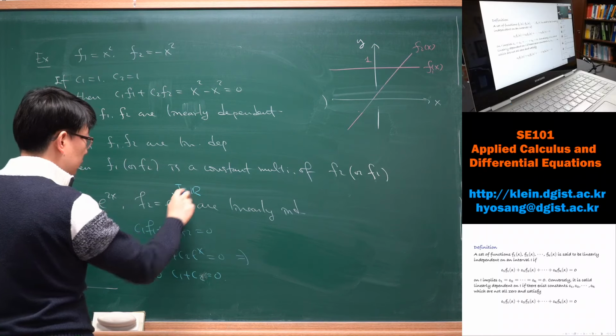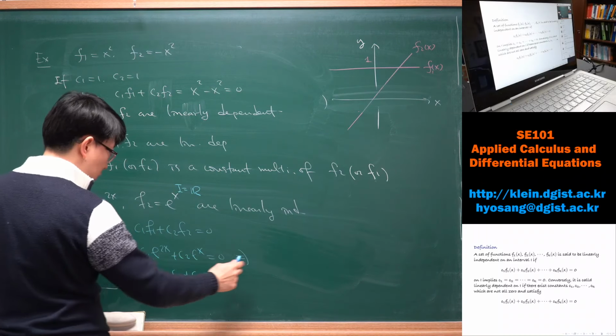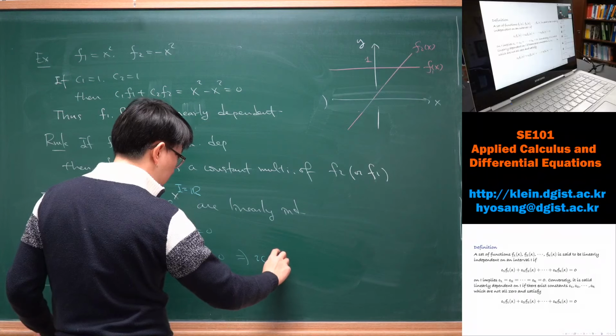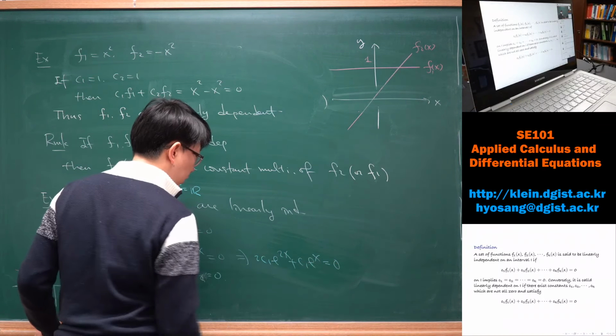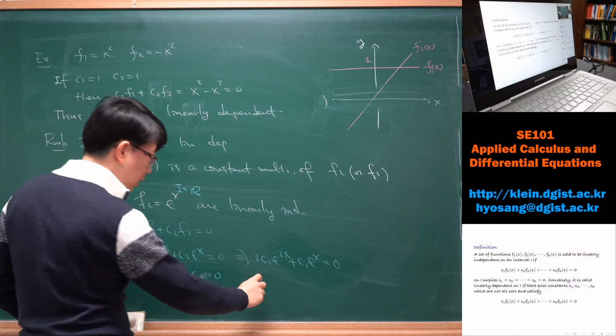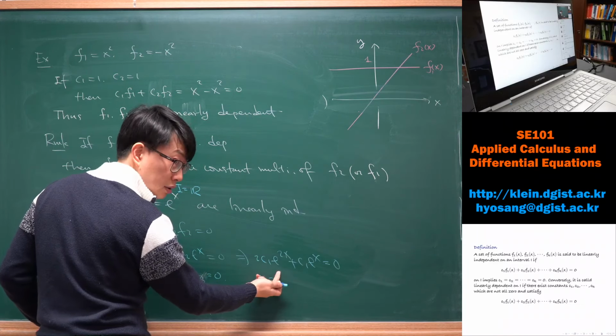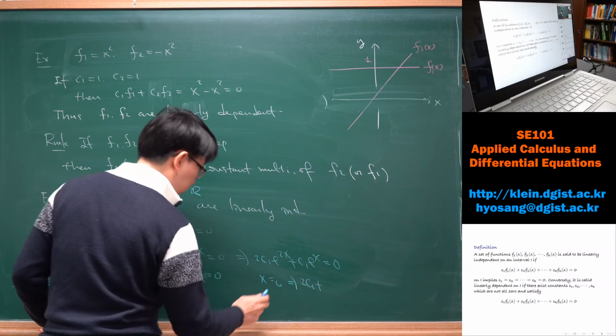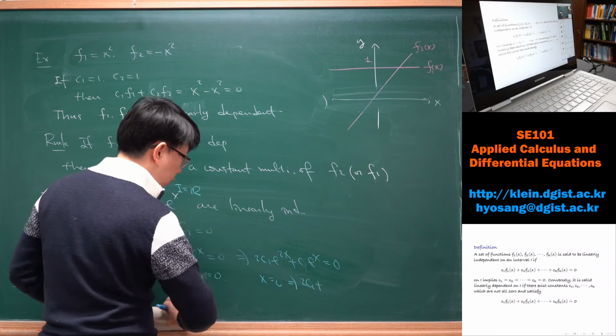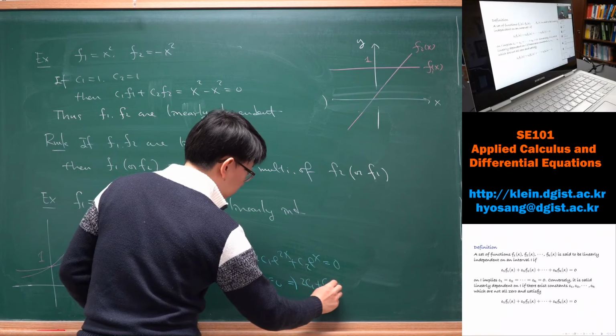So I'm taking the interval of these two functions as the real line R. Now, if I take a derivative, I get 2c1 e to the 2x plus c2 e to the x, and 0 on the right-hand side. Then let's plug in x equals 0 into this equation. We have 2c1 plus c2 equals 0.